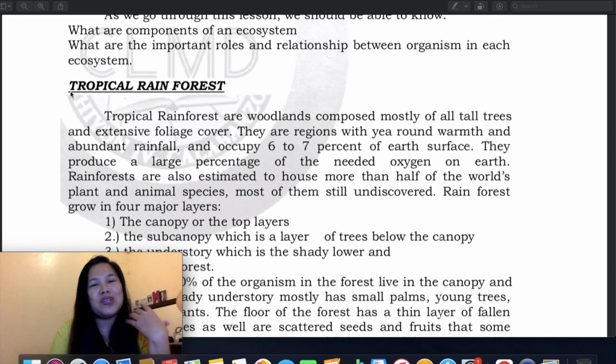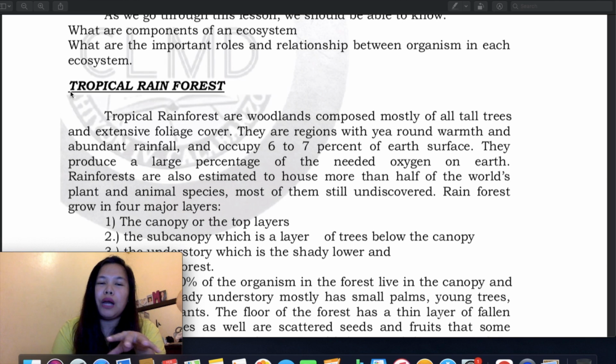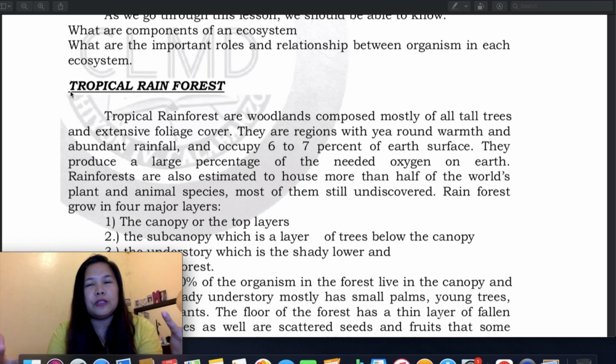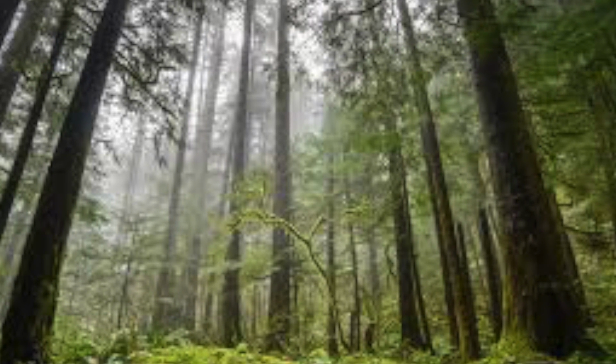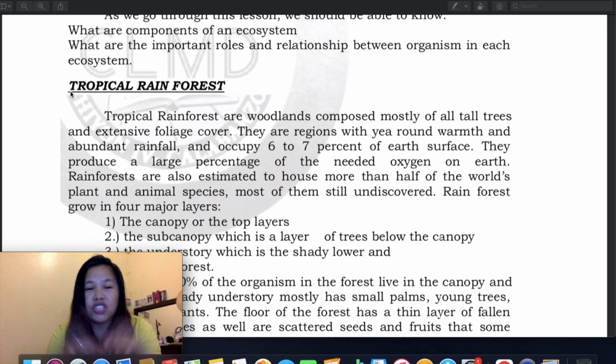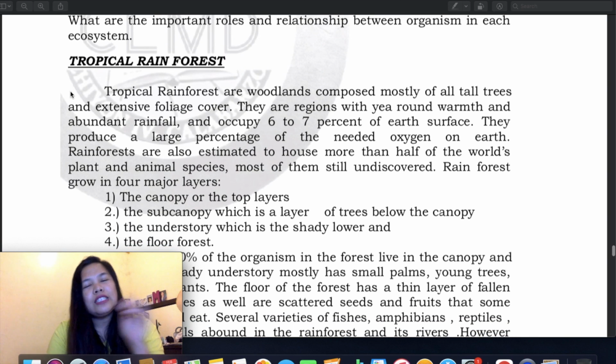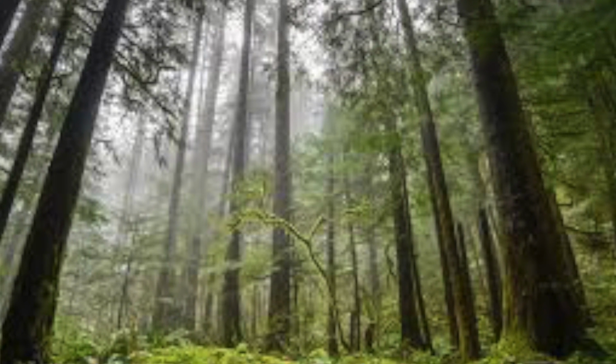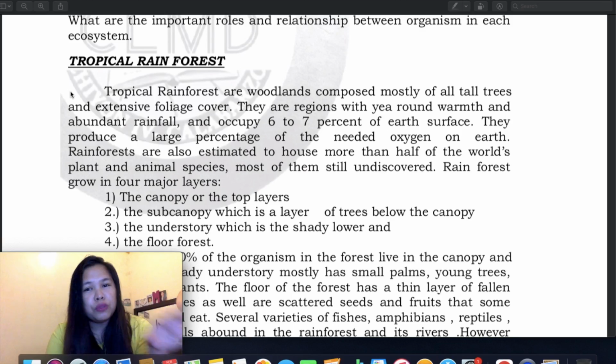Okay, so when we say rainforest, ito yung mga virgin forest, yung a place which nandun ang napakalaking mga puno, and then doon jungle siya, jungle. Okay, so the tropical rainforests are woodlands.